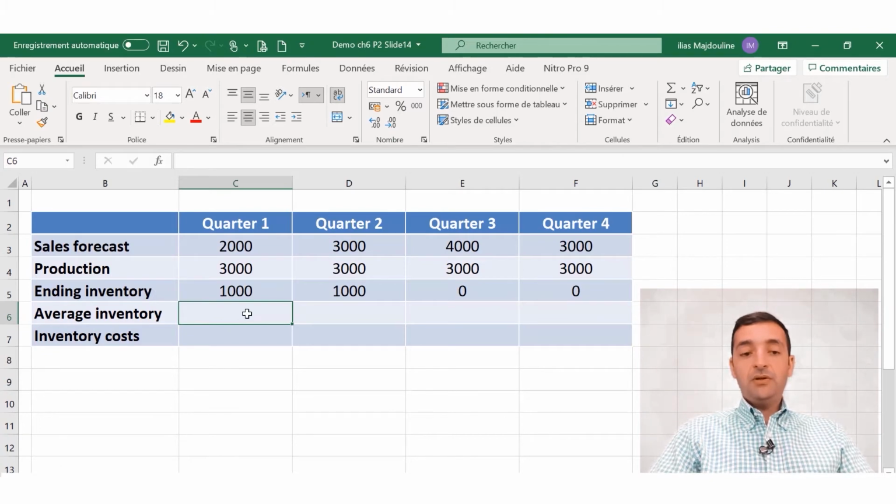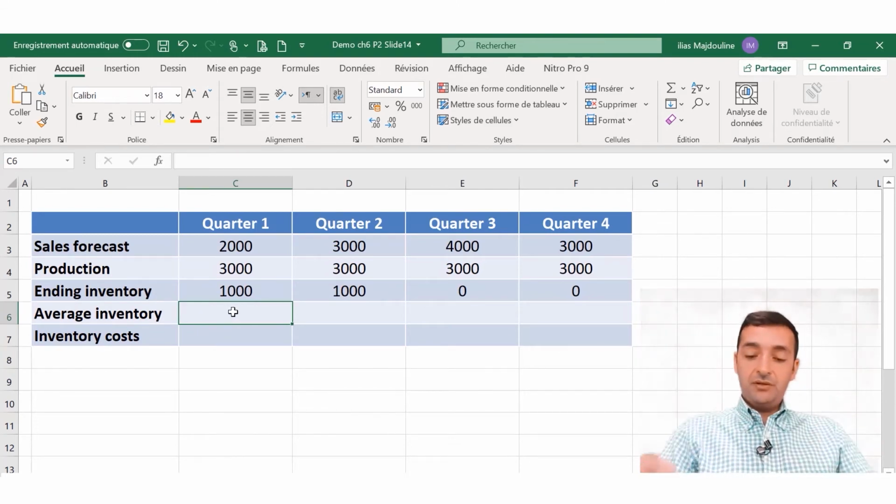Now let's calculate the average inventory for quarter 1. The average inventory is the ending inventory of the quarter plus the previous ending inventory, divided by 2 periods.